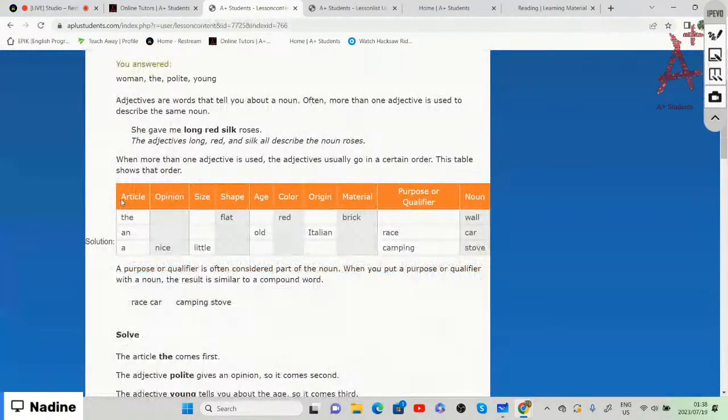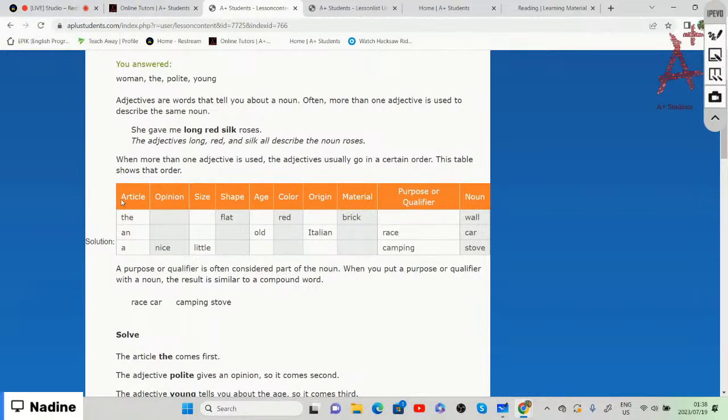You will have an adjective that tells you about the noun, but often more than one adjective is used to describe the same noun. So we will sometimes have a sentence with two or more words that describe a specific noun.